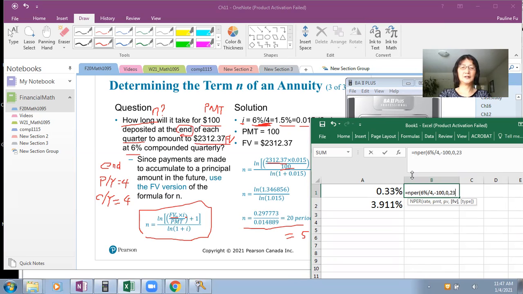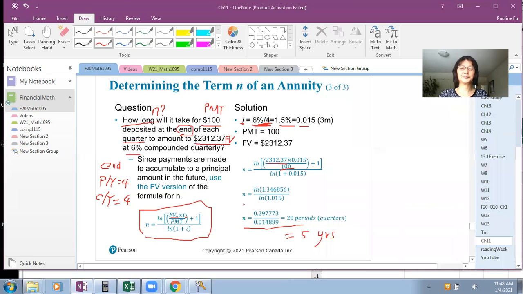FV $2,312.37. Type is 0. Deposit is made at the end. End means 0. And you get 20 periods. And this is the formula here. So 3 methods to calculate term N for ordinary simple annuities.